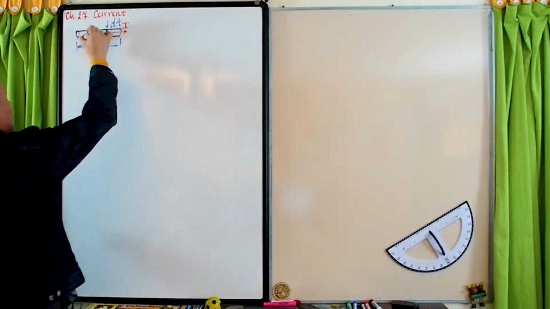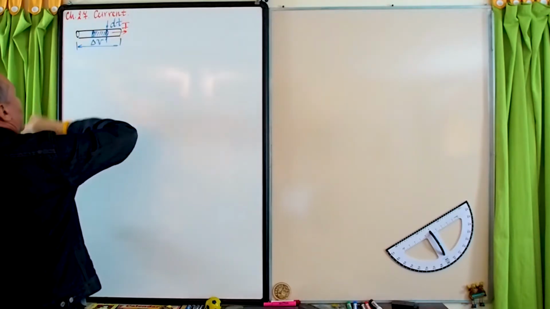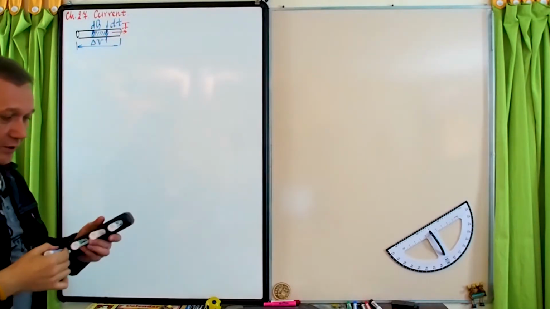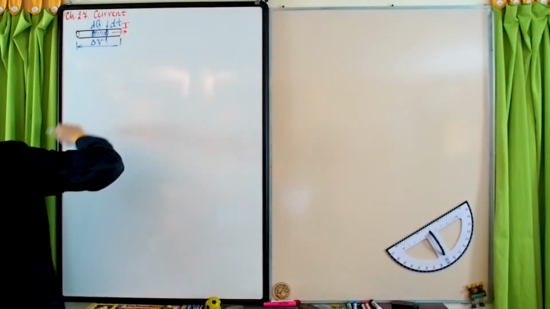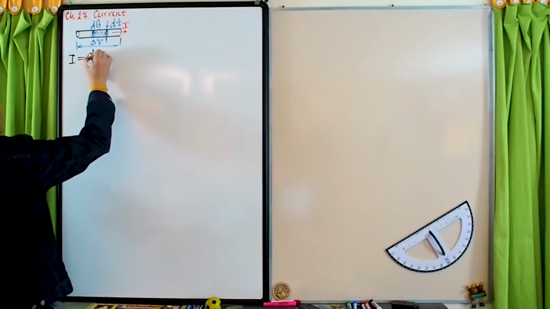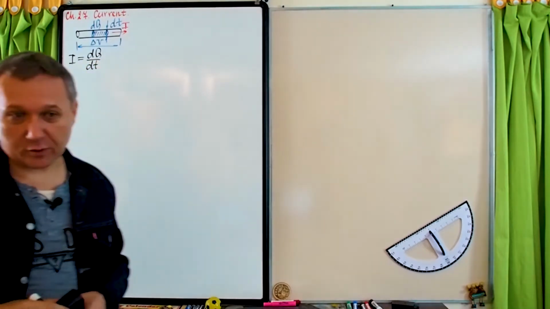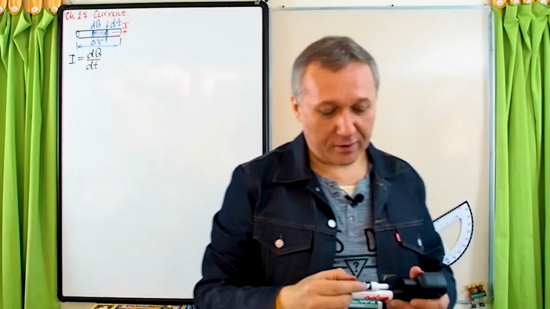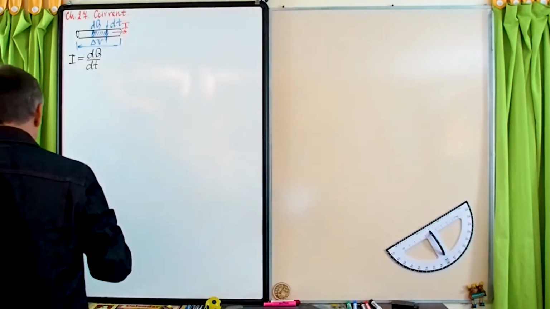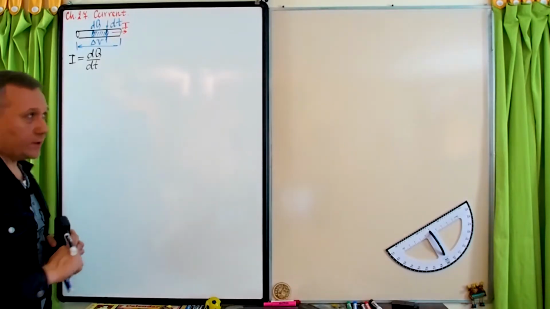And let's say this amount of charge, dq, crossed that cross-sectional area in this period of time. So as a result, current is defined as dq over dt. Right? The amount of charge which crossed a cross-sectional area in the period of dt, infinitesimally small period of time. That is the instantaneous current.